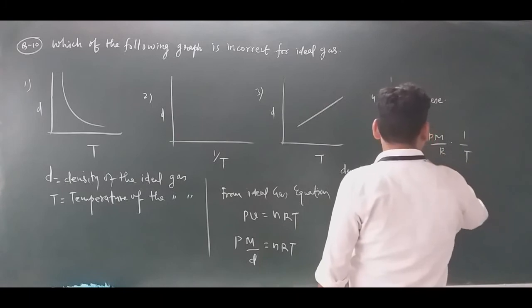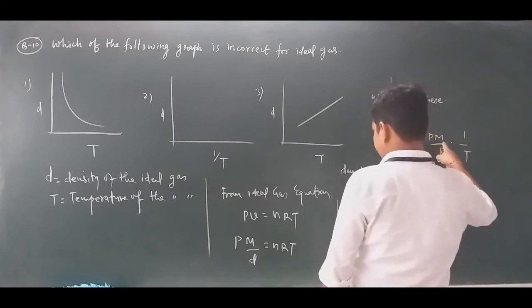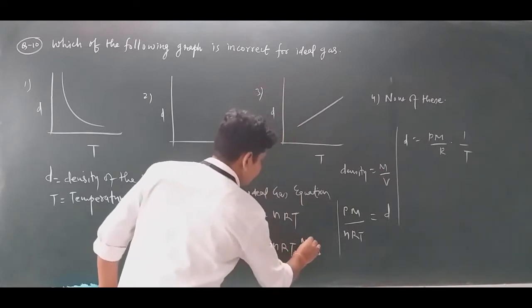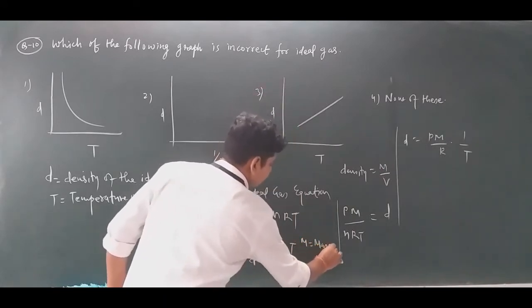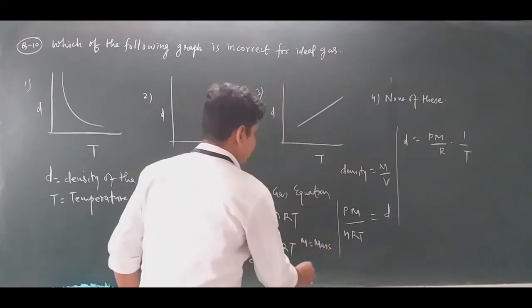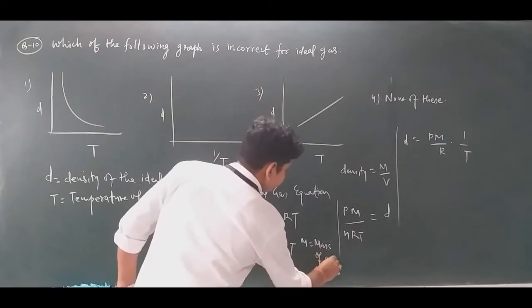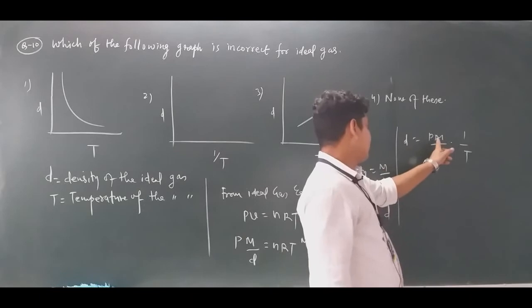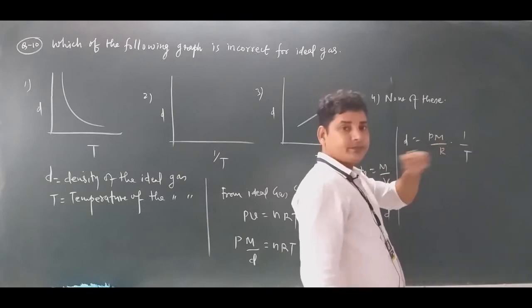Remember here, D is density, P is pressure, M is not molecular mass, M is the mass of gas.